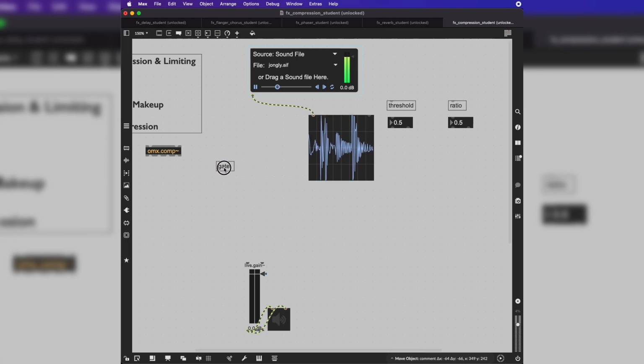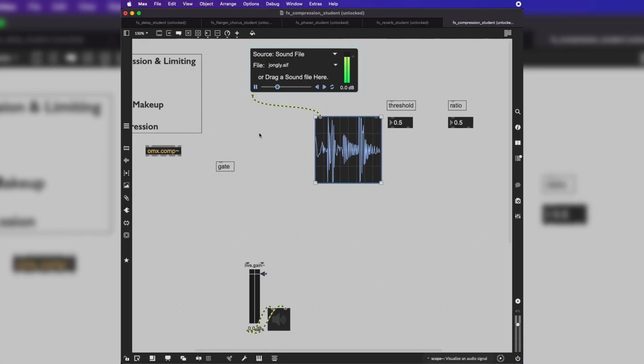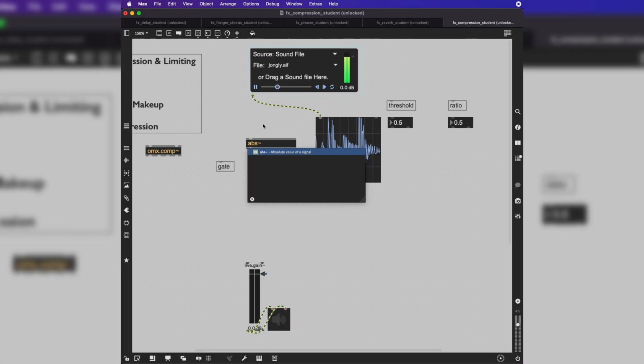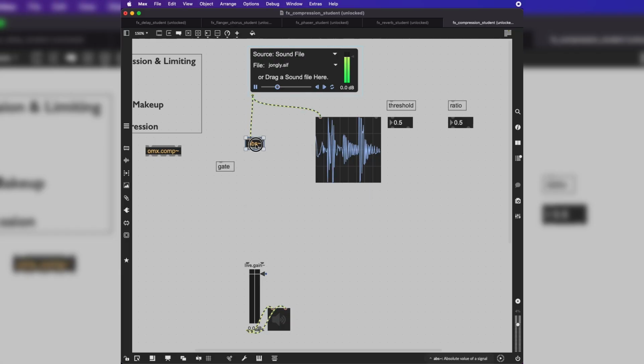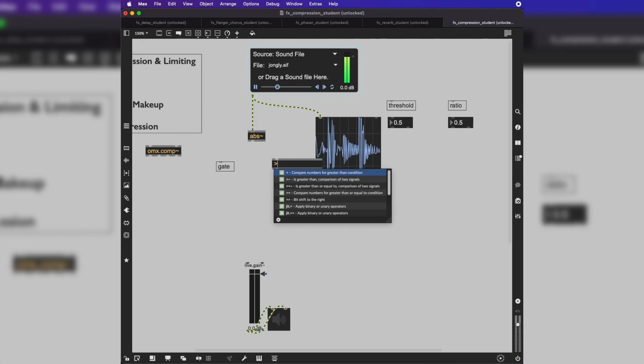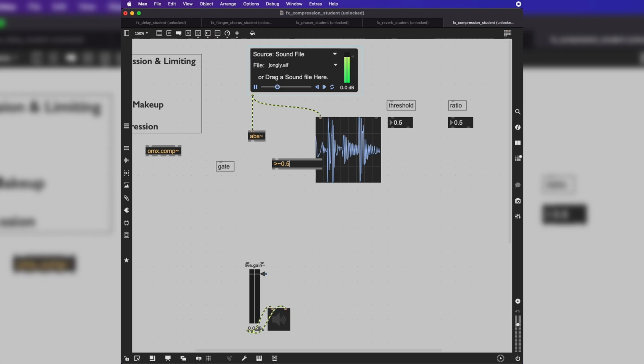So let's make a gate to figure out when the sound is above a certain threshold. The signal we're going to have ranges from 1 to -1, so it's both positive and negative, right? So we want the absolute value of that signal, so we just get the positive numbers. And with the positive numbers, I'm going to say everything that is above 0.5, which is our threshold, creates a logical signal 1.